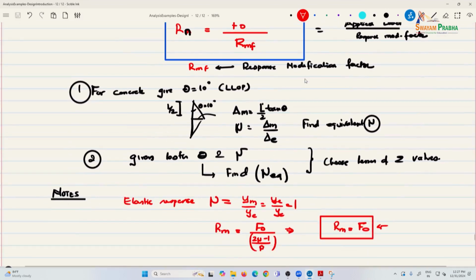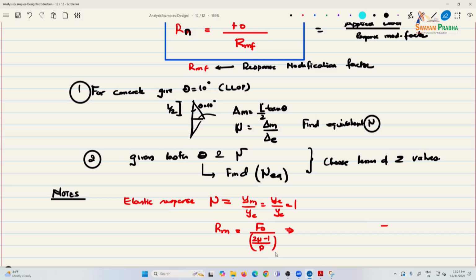What's that? Oh, sorry, you are right. So, 2 mu minus 1 divided by 2 mu, right. Okay. So, 2 mu minus 1, so this gives you F naught, this is Rn.